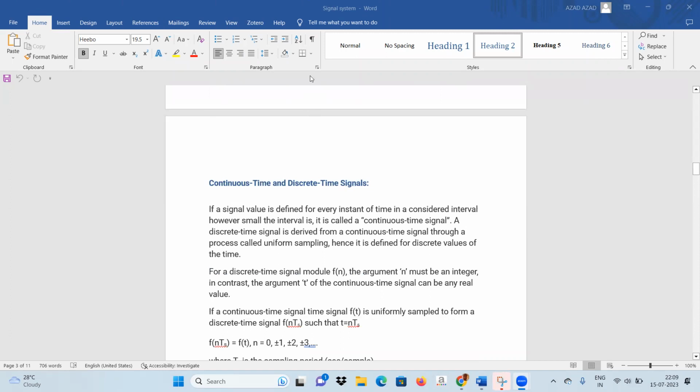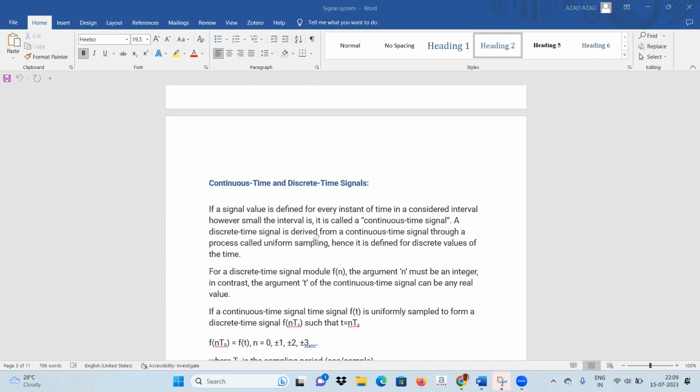Continuous and discrete signal. Let's see continuous and discrete signals. A continuous signal has a value defined for every instant of time in the considered interval, however small the interval. This is called a continuous time signal.